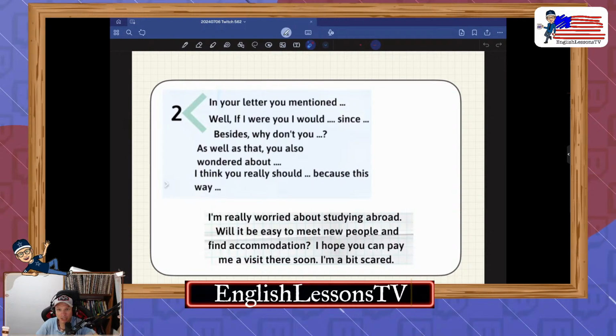Okay? In your letter, you mention that you're afraid of meeting new people. Well, if I were you, I would go to parties to meet new people, since it's where most people socialize. Besides, why don't you try to go to the information desk of the university and comment to them about finding a right place to live?